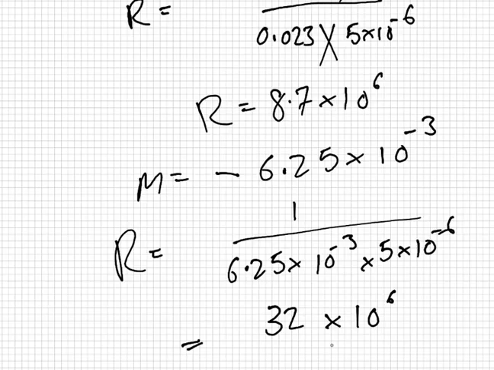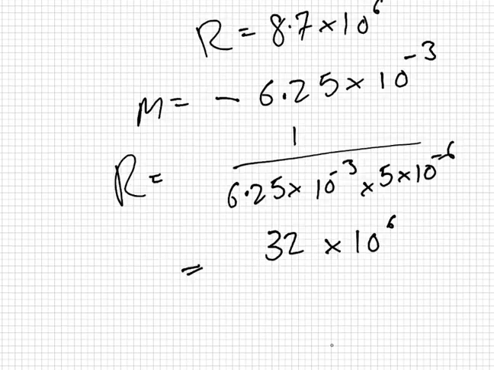Now, is that what R1 and R2 both equal? Is that R1 and R2? No. The first answer is R1, but why is that not R2? Because that's the total resistance.